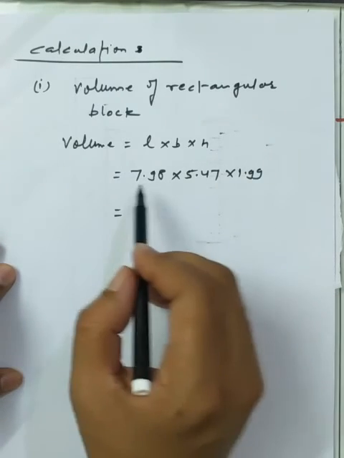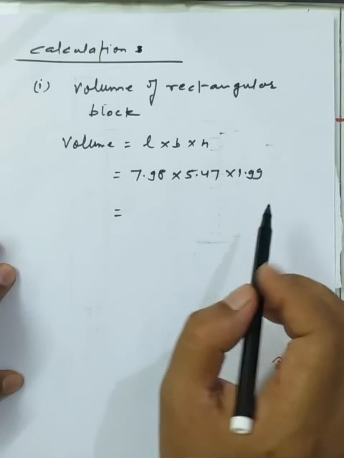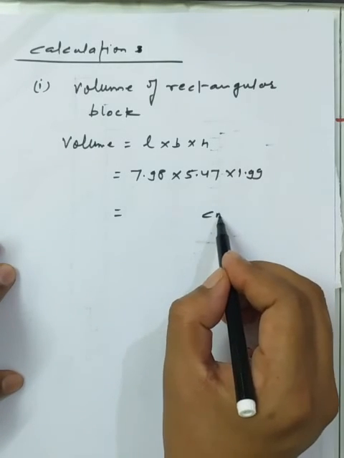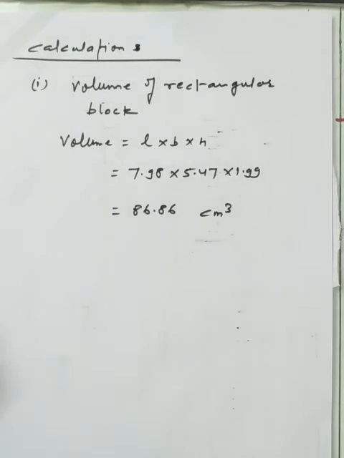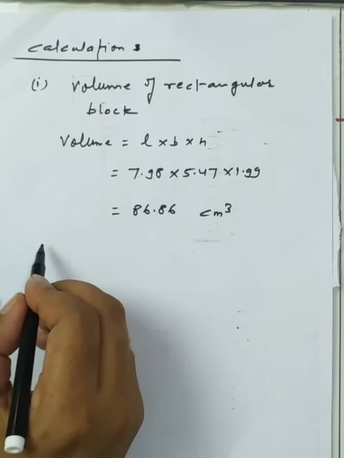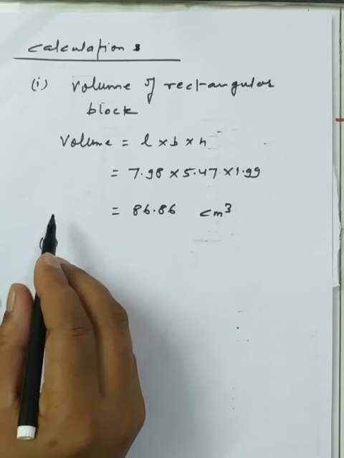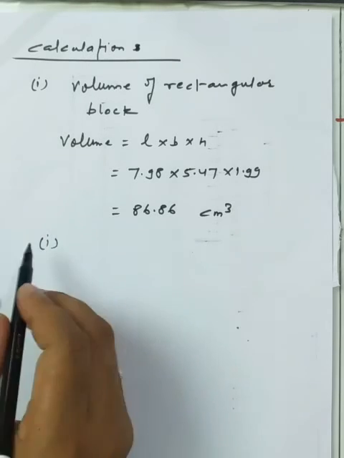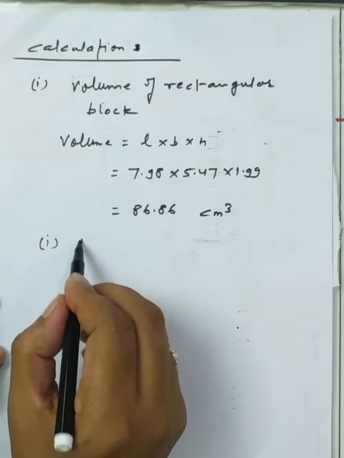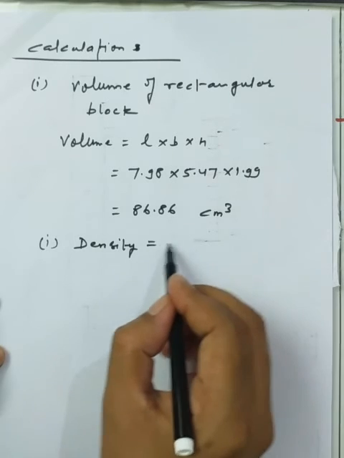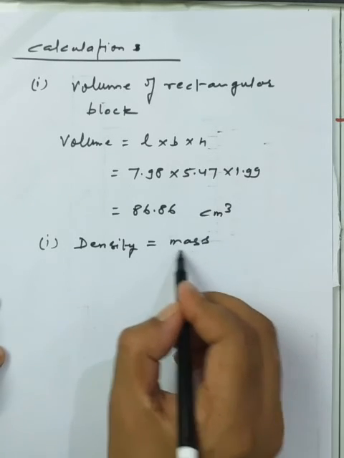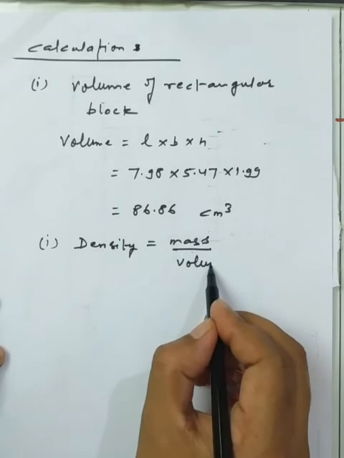Whenever we multiply all the things, we get the answer in centimeter cube. It comes near about 86.8 centimeter cube. So somehow we are able to compute the volume of that glass block. We can find out the density also here. The density has the formula mass upon volume.